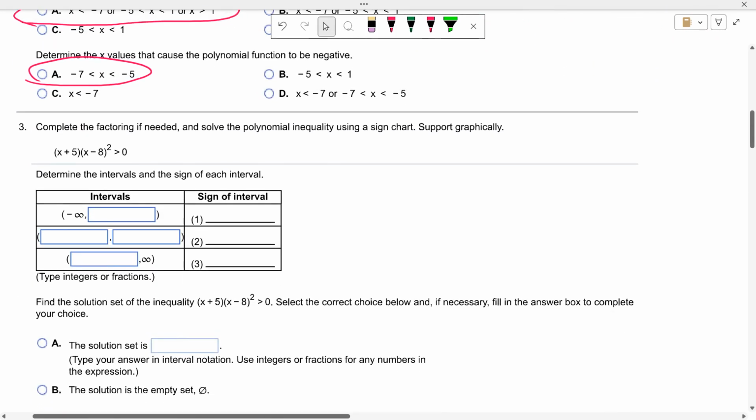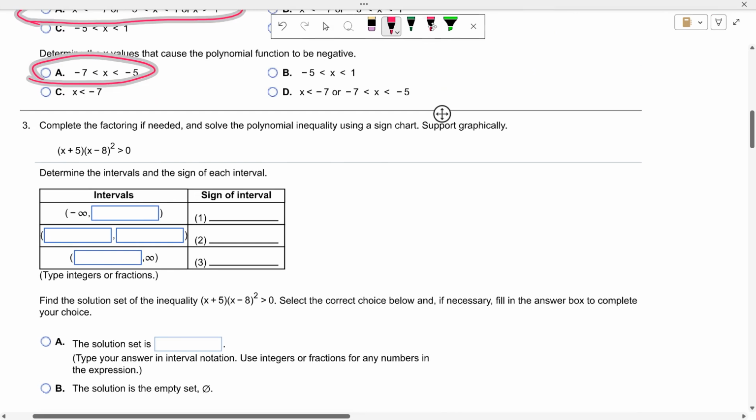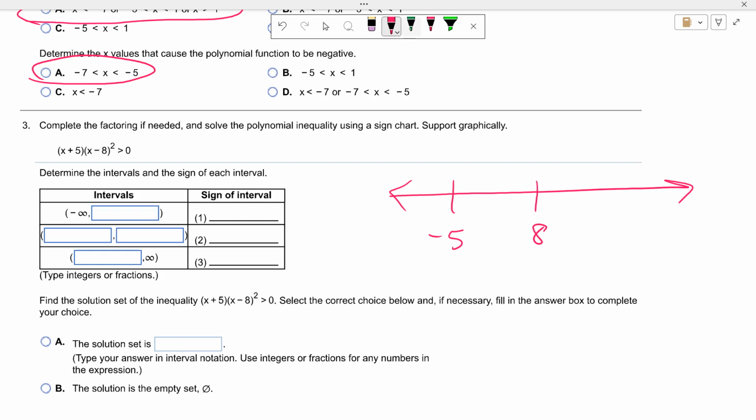All right. What happens here? Well, let's make our line graph. We got a -5 and a +8. All right. So, what number is in between -5 and +8?